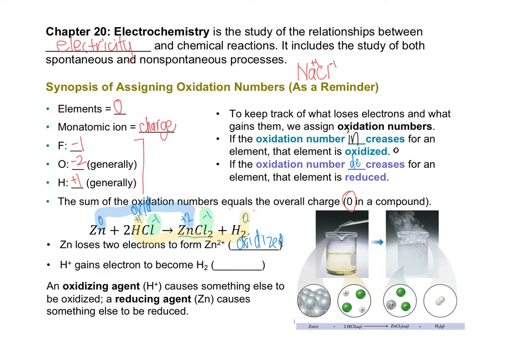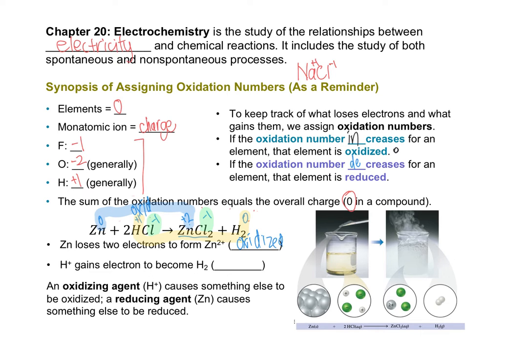And to me, this is what makes the most sense, because if an oxidation number goes down, another synonym for going down would be reducing. So if the oxidation number reduced, then that element was reduced. And that's honestly what I look for. I look for the element that decreased its oxidation number, and then I'm like, oh, that was reduced.